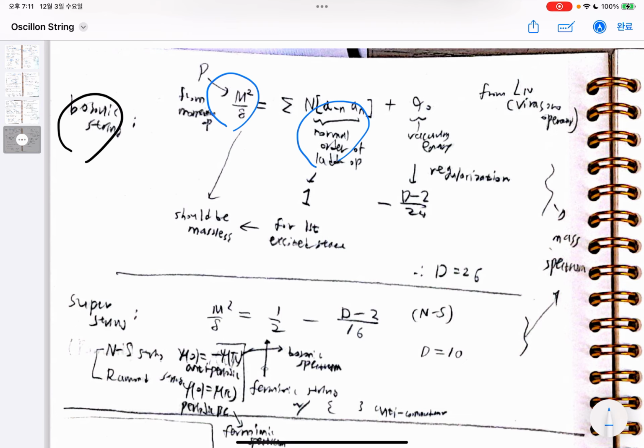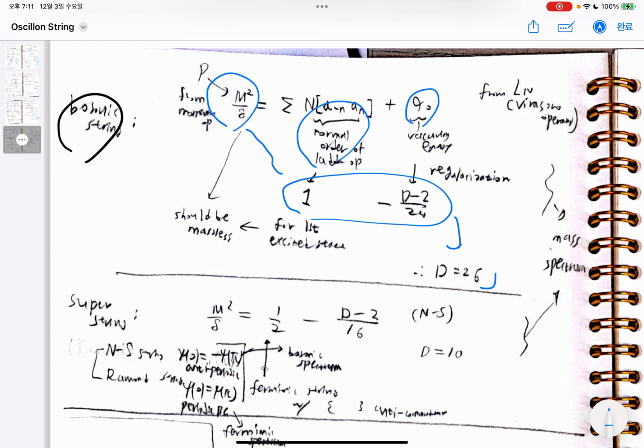And such a vacuum energy term becomes minus (d minus 2) over 24 by regularization, like in the loop diagrams of quantum field theory. So to solve this, the right-hand side combination and the left-hand side, the mass, should be zero, so that this yields d equal to 26, the same result as the central charge approach.